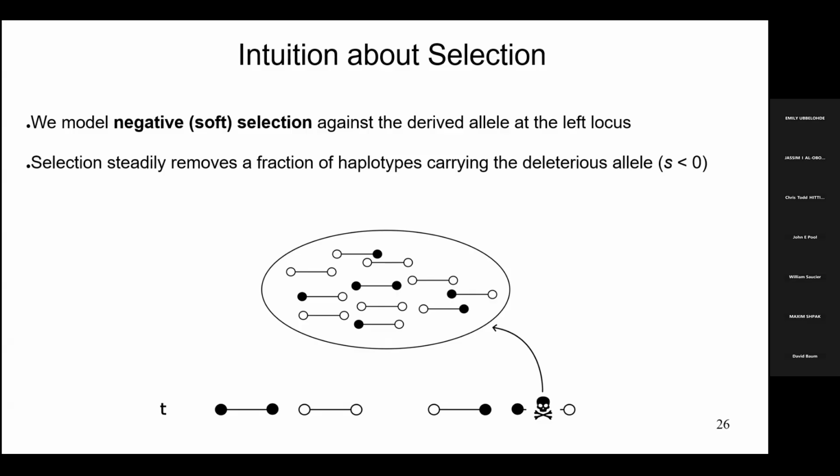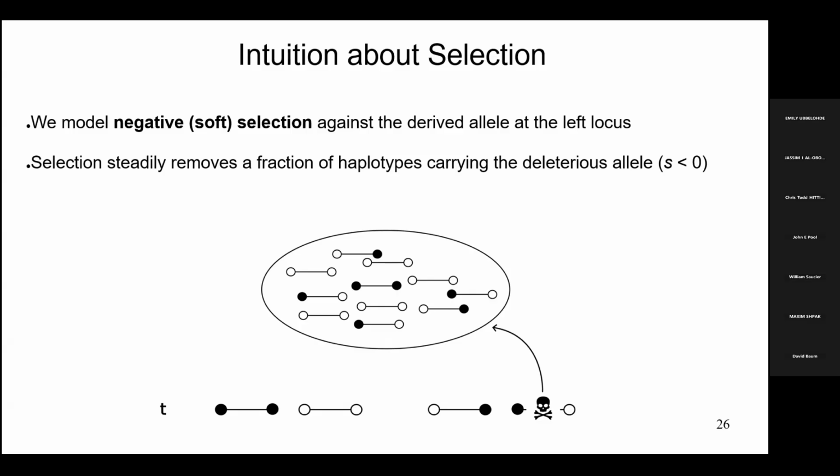So how selection acts: you have some sample configuration of two locus haplotypes, and any haplotype carrying the derived allele on the left has a chance of being eliminated. Let's say that this particular haplotype gets eliminated. Because we're modeling soft selection, we need to replace it with some other haplotype from the population.